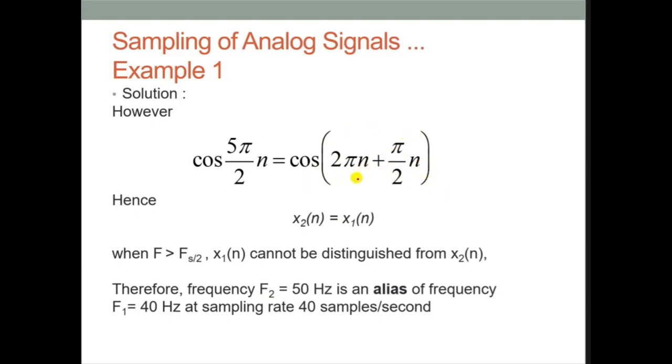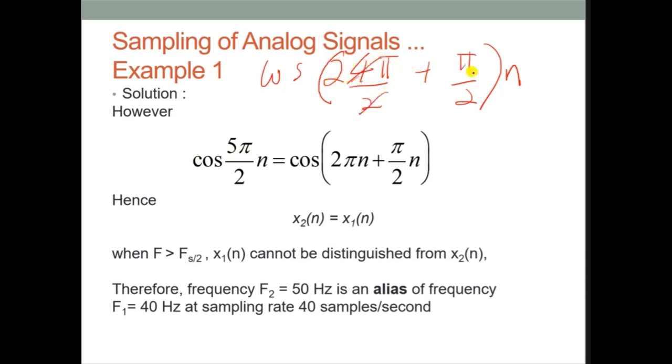So how do we get this, madam? Here you have cos 4 pi over 2 plus pi over 2 n. So this is 5 pi over 2, right? So you can expand this, and this one you cancel.